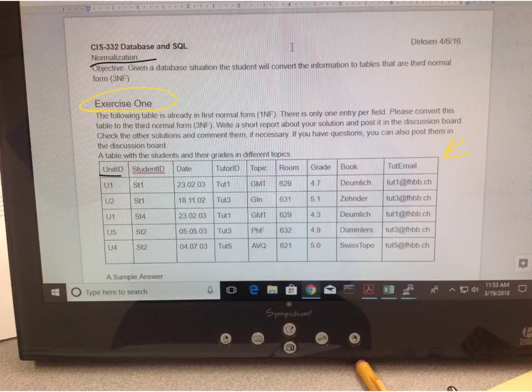Here we have a unit, we have a student, we have a tutor, then we have these rooms. We have the tutor email. Okay? This is already in first normal form, but it's not in second normal form.